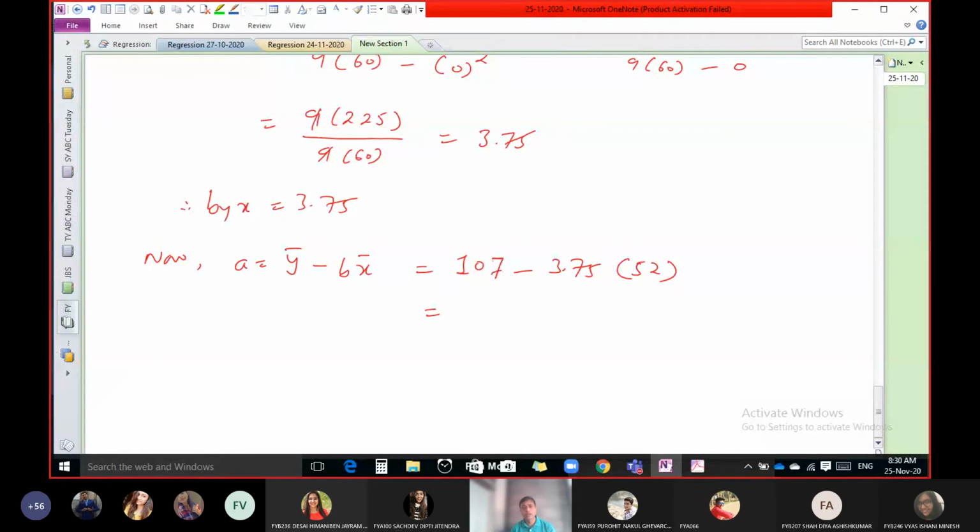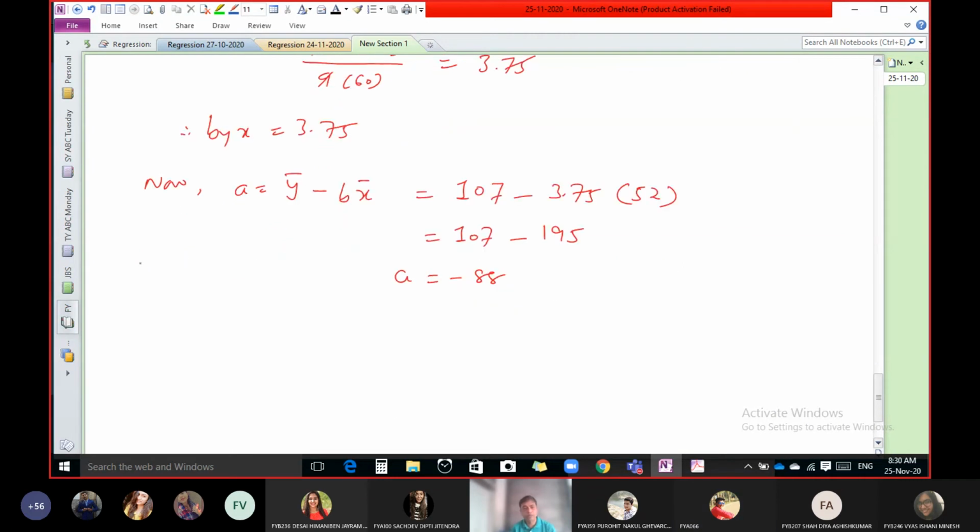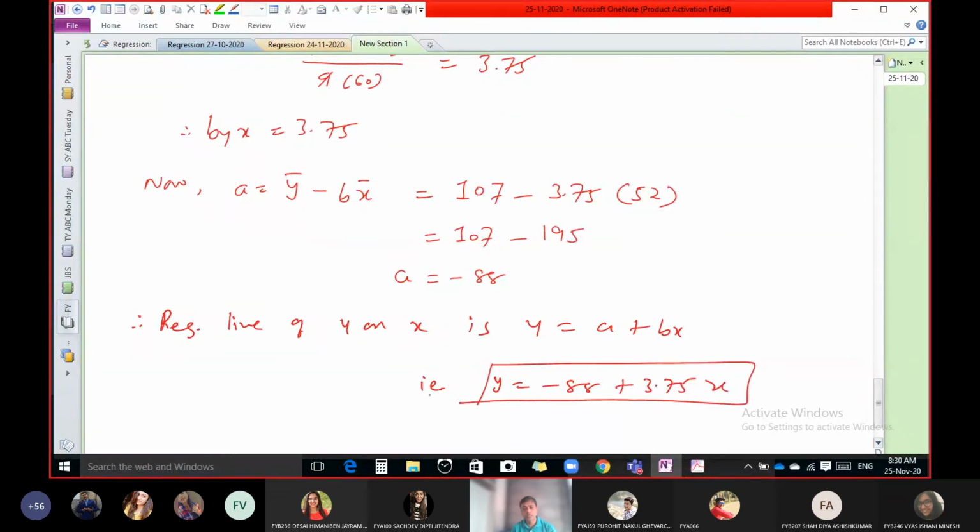So now 107 minus 52 into 3.75, that is 195. 105. So we get minus 88. So this is the value of a. So regression line of y on x is y equal to a plus bx, that is y equal to minus 88 plus 3.75 into x. So this is the regression line of y on x.